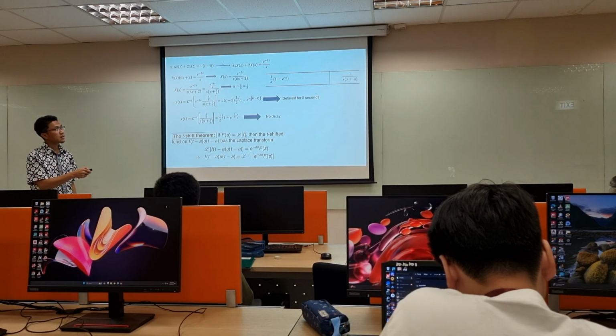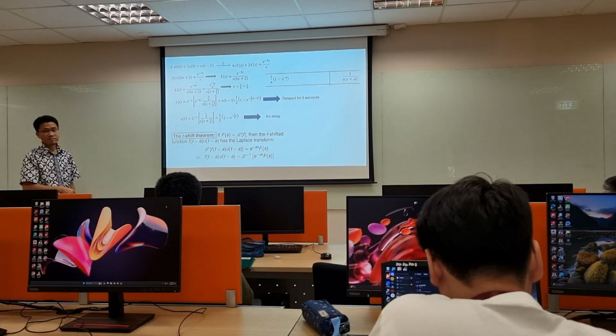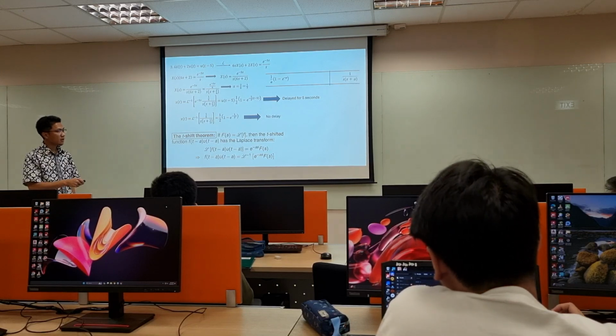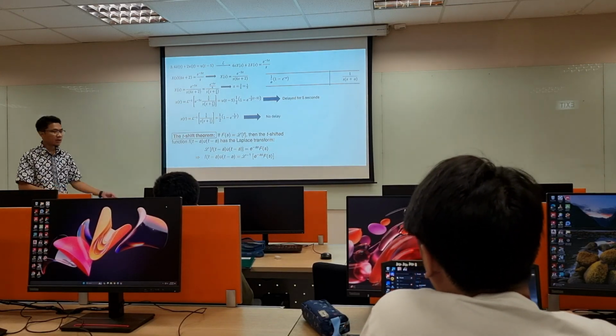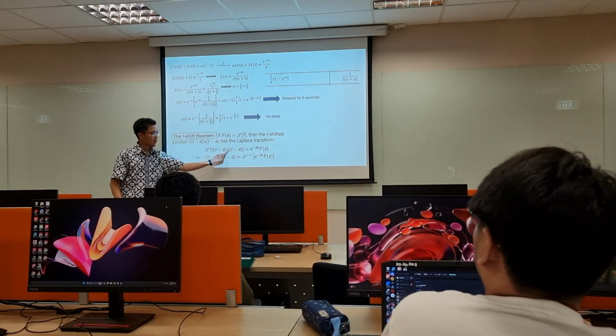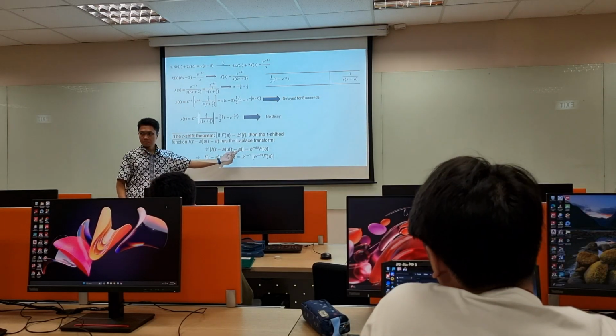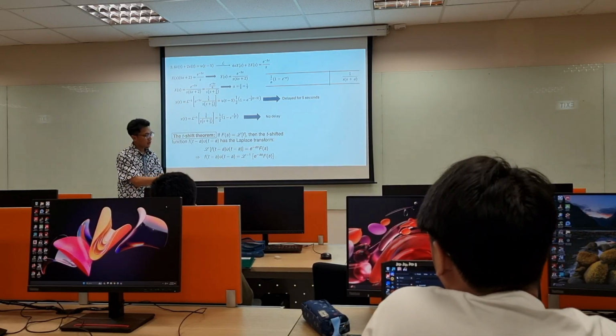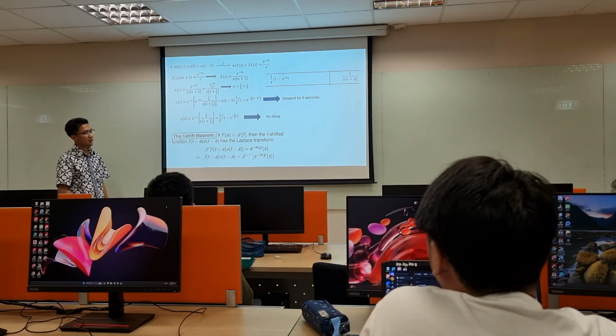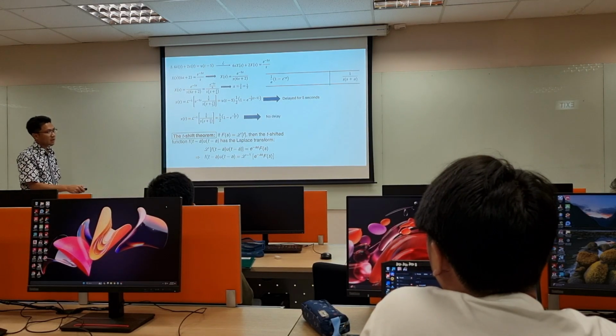This part is because of the delay. And you see this? We use the t-shift theorem. If we delay the step function by a, then we get the minus a over there, e to the power of minus as. Then a here is 5.